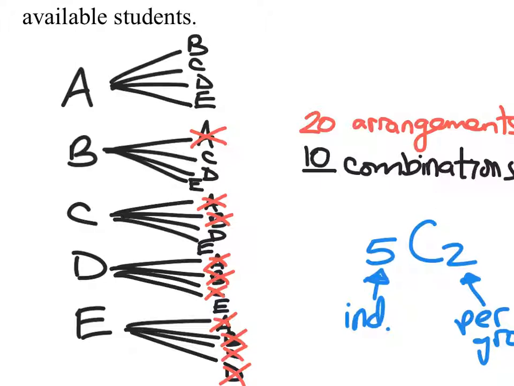Does that mean nC1 and nC(n minus 1) are going to be the same? Exactly. And you could even expand that to say nCr is equal to nC(n minus r).